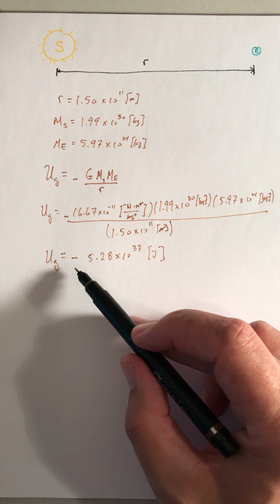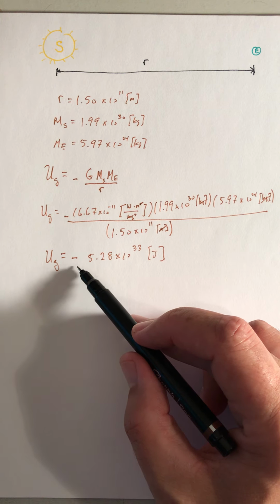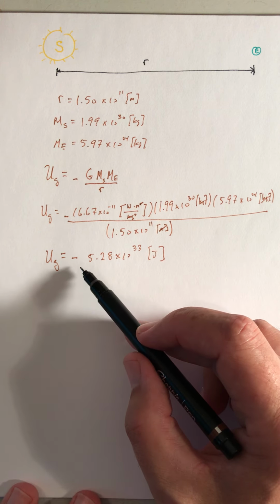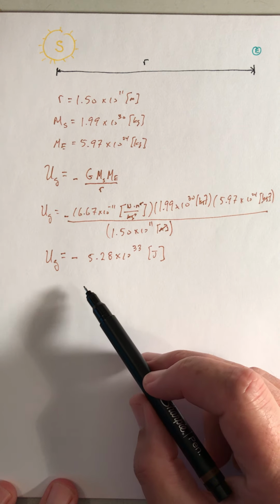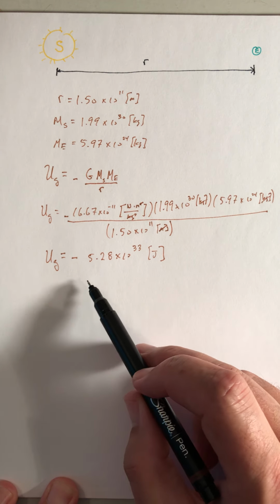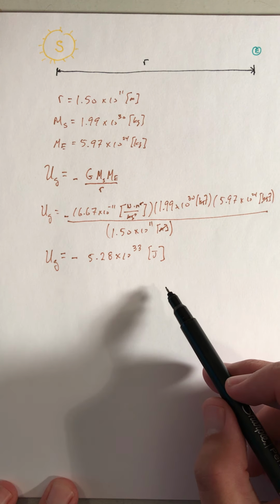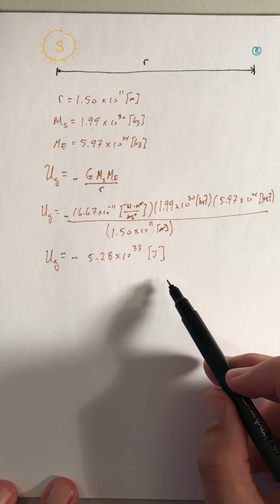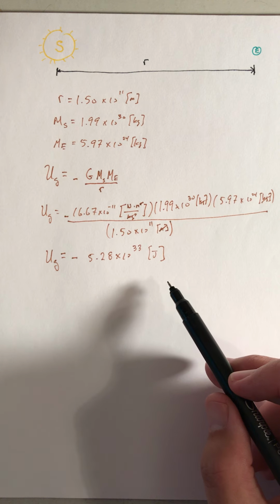Now what does that number mean? Well, first off, the fact that it's negative means that we or somebody would have to do work to raise this up to 0. So this is saying that the Earth is gravitationally bound to the sun. We can continue to orbit around it.